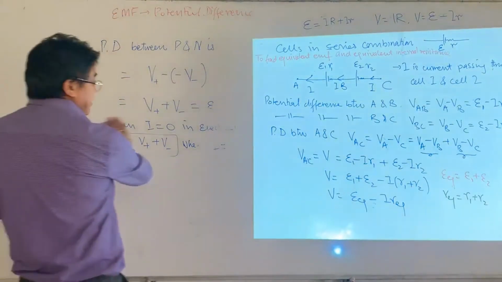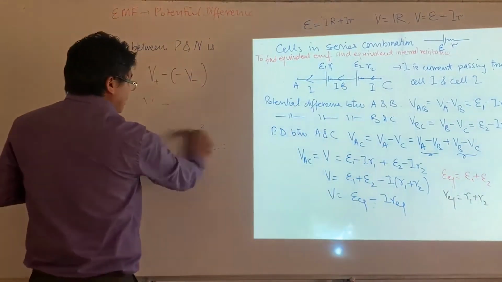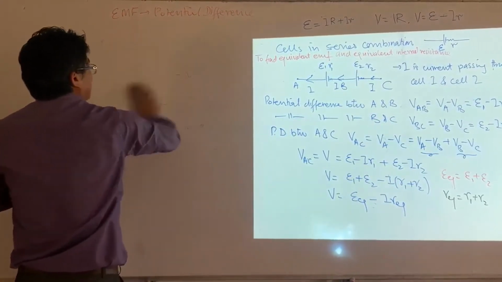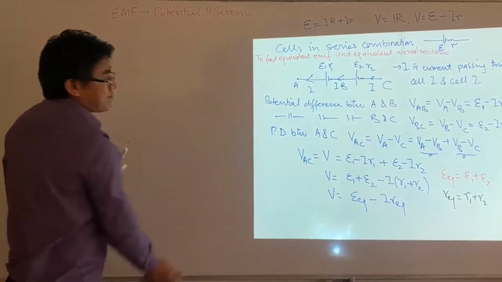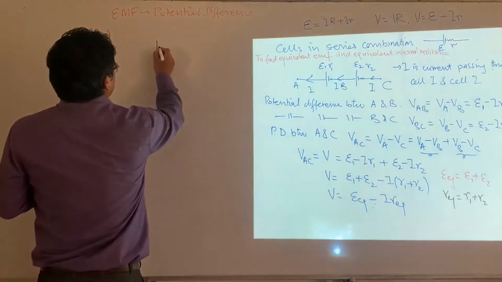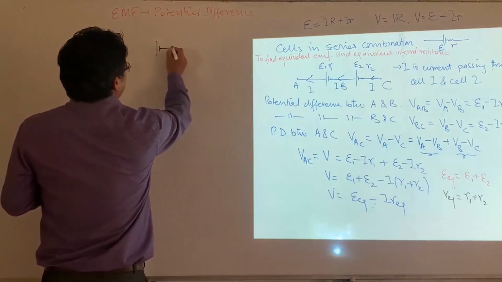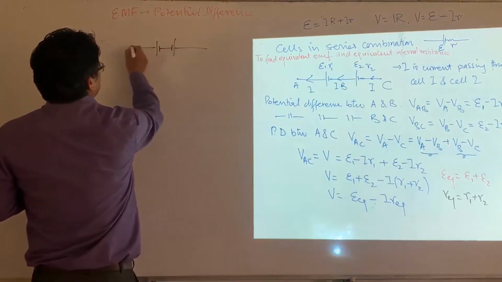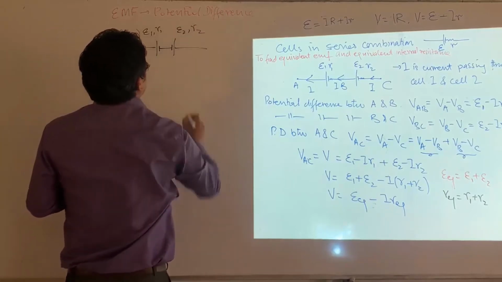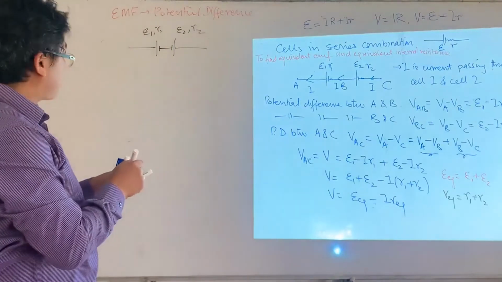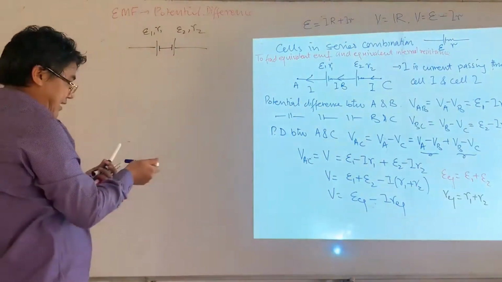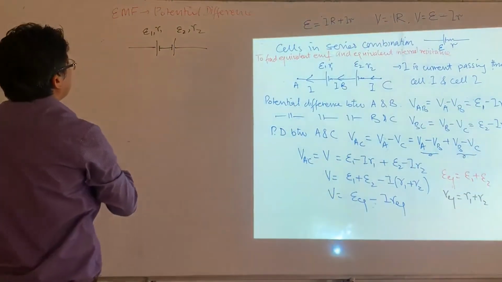Alright, now look at here. Now what I'm going to do here is, suppose I make the cell connection in a different way, if I do the connection like this, then you should know that this is going to be negative.